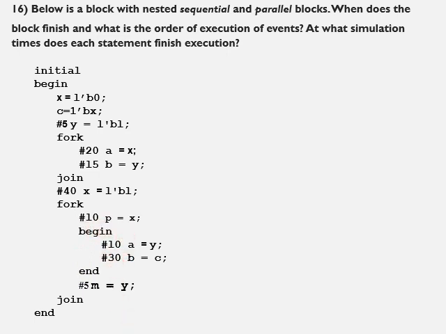So we will just see what are the values of the different signals at different points of time. At time t equal to 0, I have x equal to 0 and y equal to x. This x has nothing to do with this x. This x is unknown, y is x, a is x, b is x, p is x, as well as m is x.